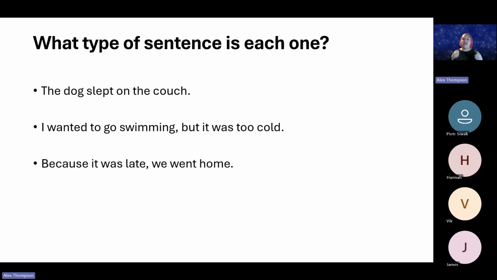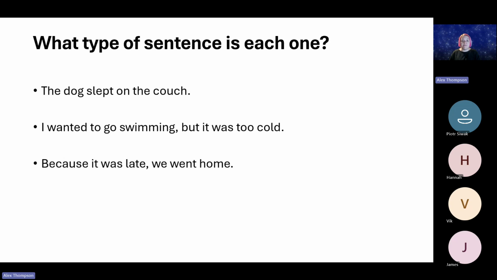So that in itself is a simple sentence. But it was too cold. So it, meaning the weather, the environment, the temperature, that's the subject. Was too cold, that's the predicate. So we've got two simple sentences joined together. So that example is a compound. And then if we have a look at the last one, because it was late, we went home. So we went home is a simple sentence. It's independent.